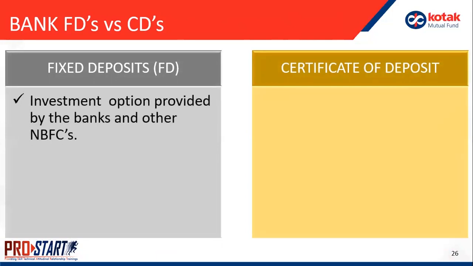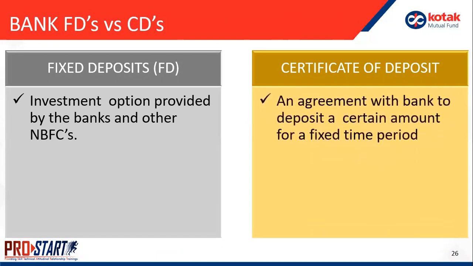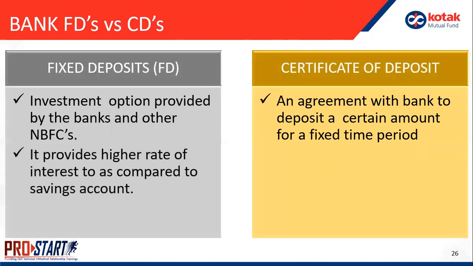Fixed deposit is a type of investment option that is provided by the banks and other NBFCs. Certificate of deposit, on the other hand, is an agreement with the bank to deposit a certain amount of money for a fixed time period. FDs provide a higher rate of interest as compared to a savings account, whereas in a CD, the interest is paid by the bank.